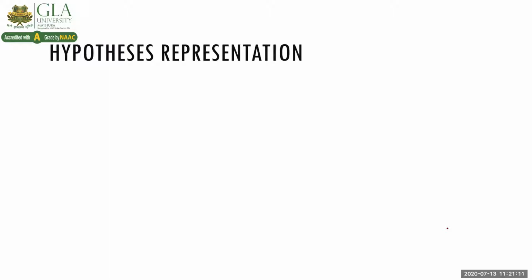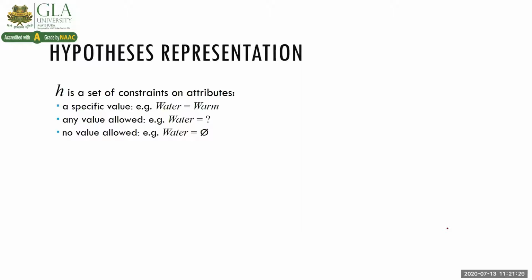So what hypothesis representation shall we provide to the learner? Let us begin by considering a simple representation in which each hypothesis consists of a conjunction of constraints on the instance attributes. In particular, let each hypothesis be a vector of 6 constraints.